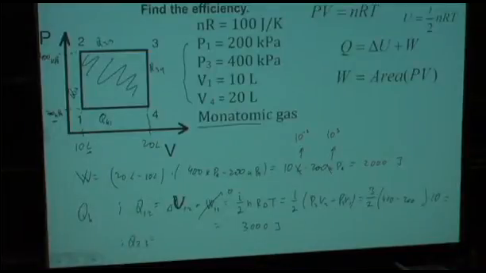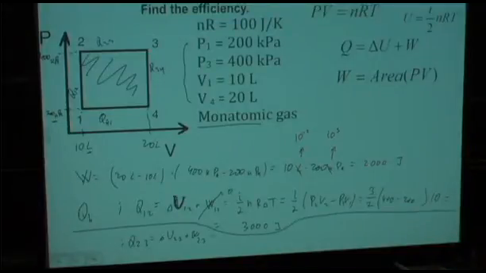Q23. That's an isobaric process. The pressure stays the same, work is done. So delta U23 plus W23 equals, well, we know what to do.